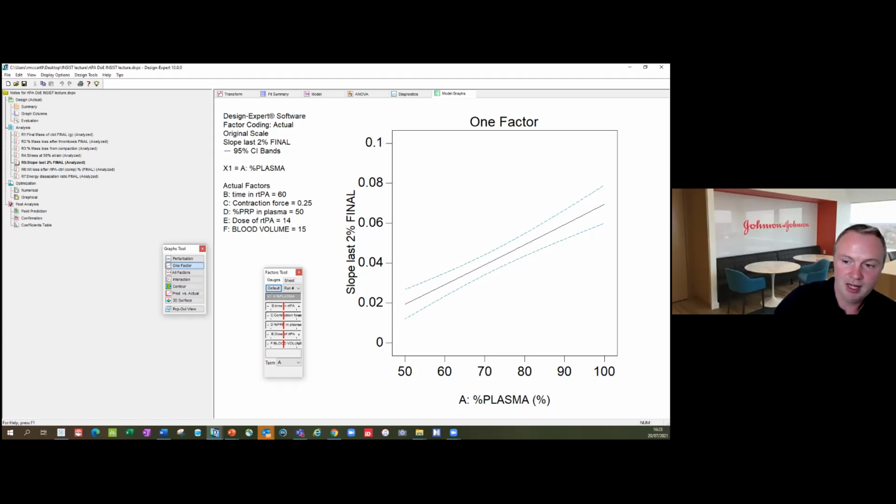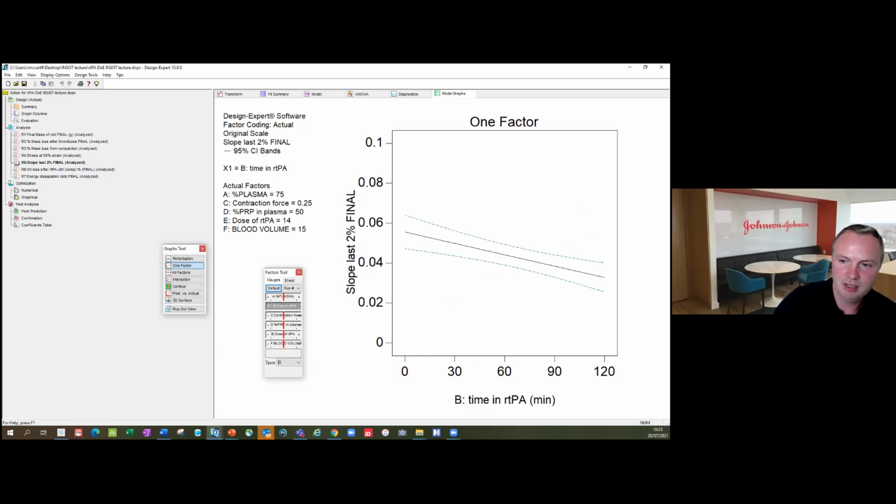So it gets higher when you have fewer red blood cells present, which is a result that we've reported before, and it seems to make sense. With time in TPA, what we see is the longer the clots spend in TPA, the modulus decreases, which I guess makes sense as well. I mean, you're breaking the fibers.